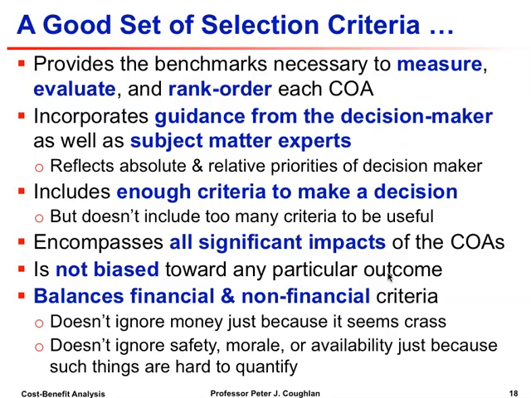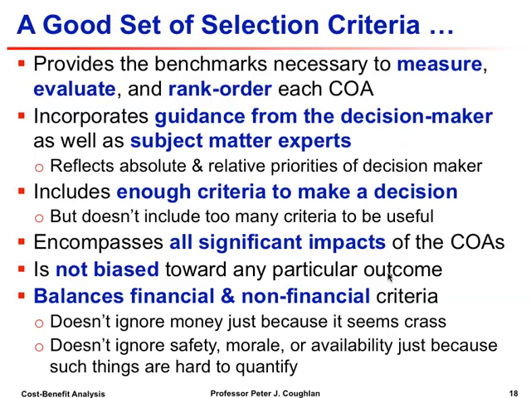Now, you want to make sure you include enough to make a decision. You don't want to have only minimal criteria, maybe just cost and one benefit. The danger there is that it might not capture everything, and it might also be hard to make a decision based on that.